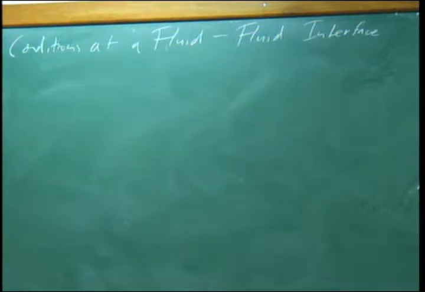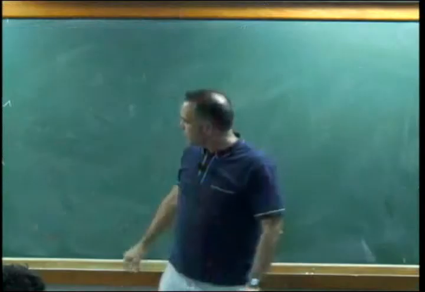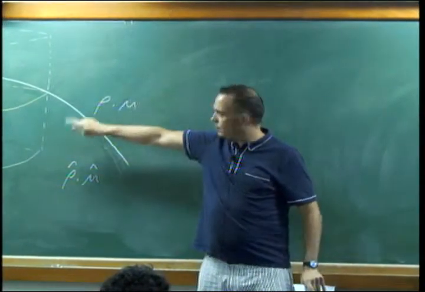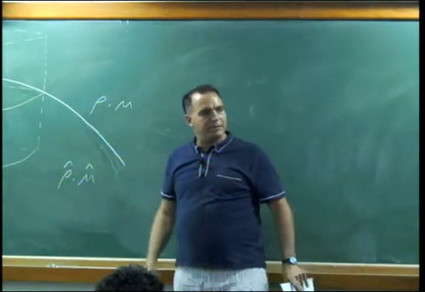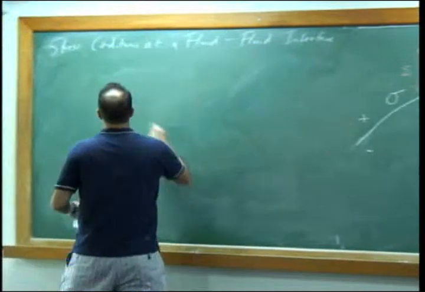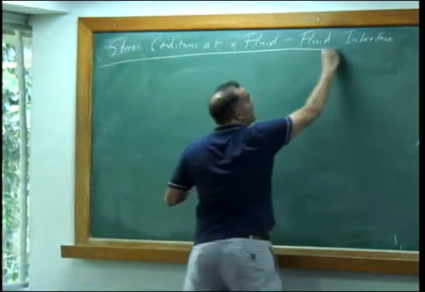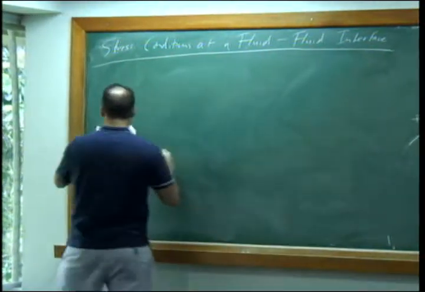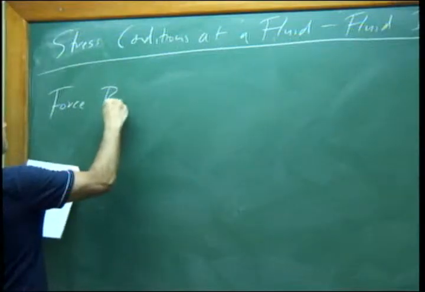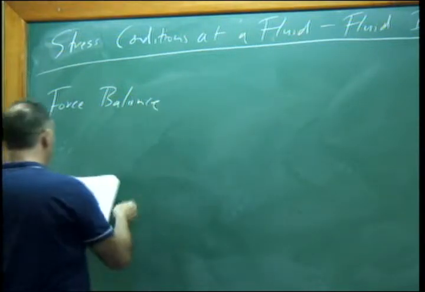And this will allow us to then, if we solve for the flow in the upper domain and the lower domain, see how the two flows have to match together through these interfacial boundary conditions. Okay, so force balance on our pillbox.